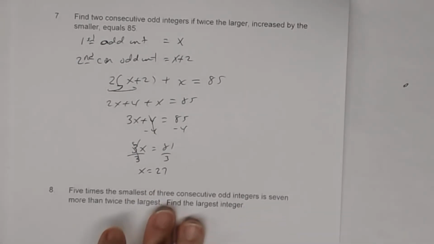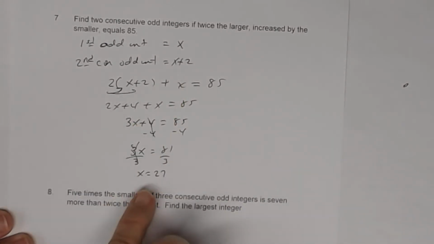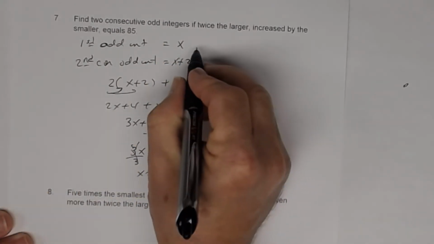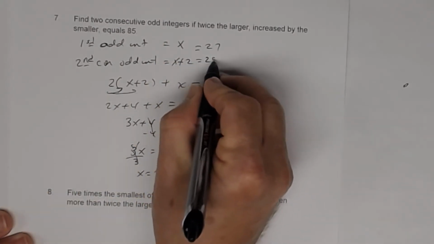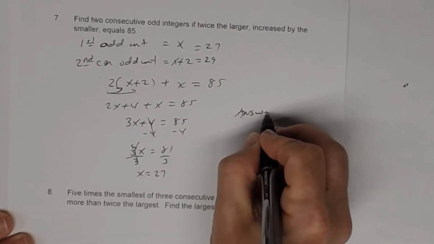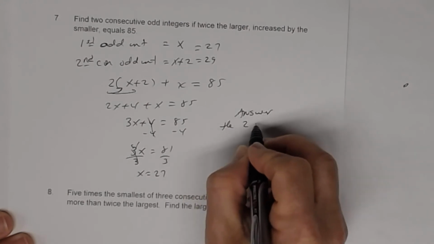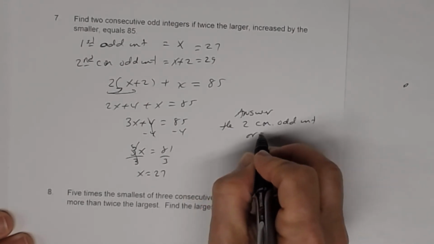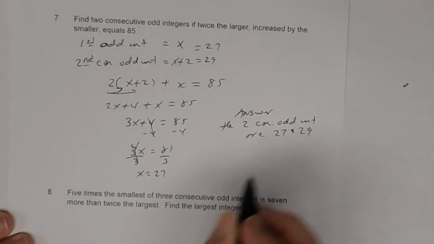All right? So, now remember, that represents x, so we got to make sure it's odd, and 27 is odd. So 27, the next one has to be 27 plus 2, which is 29. And so your answer, you're going to say the 2 consecutive odd integers are 27 and 29.